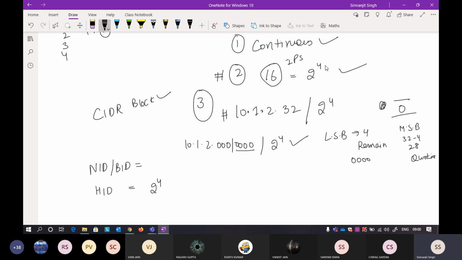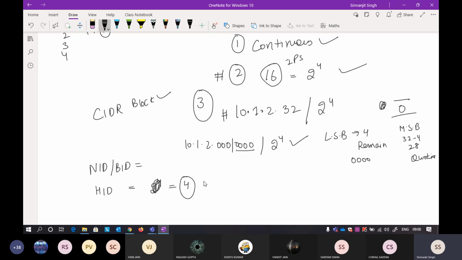That is 4 bits. So you can directly say that the host ID part contains 4 bits, because from 4 bits you will be able to generate 16 IP addresses, out of which the first one is your network ID and the last one is your broadcast address. We will not use those, but the total number of IP addresses that can be generated is 16.